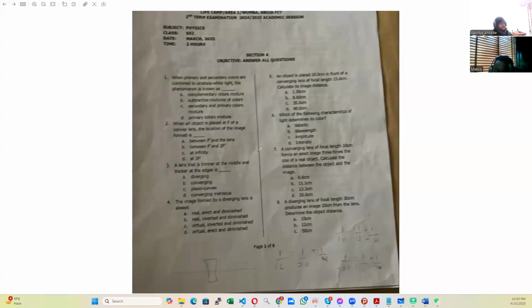Equivalent. Question number 7. A converging lens of focal length 10 cm forms an erect image 3 times the size of a real object. Calculate the distance between the object and the image. Sylvester, over to you.